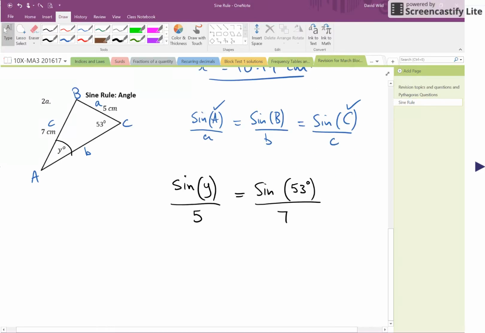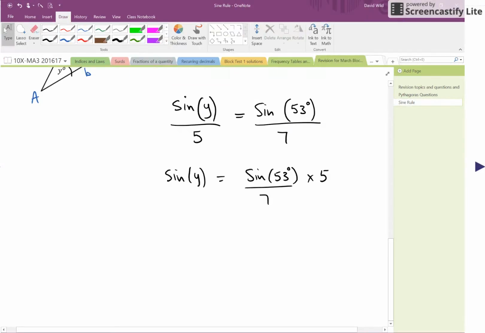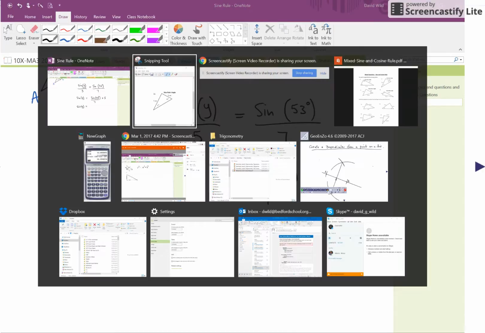We're going to try and get y on its own here, so the first thing to do is get rid of the 5 on the denominator by multiplying both sides by 5. So we get sine y is sine of 53 degrees over 7 times 5. And if we want to, we can work out that value now.